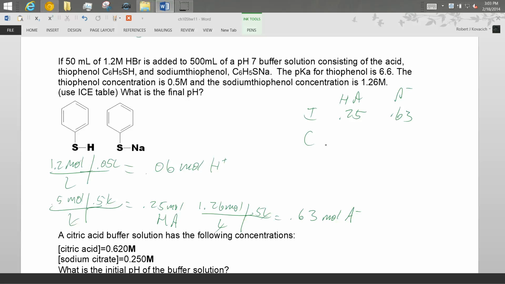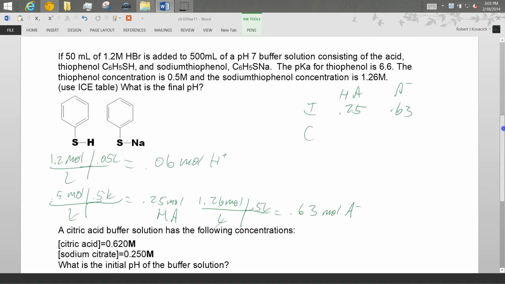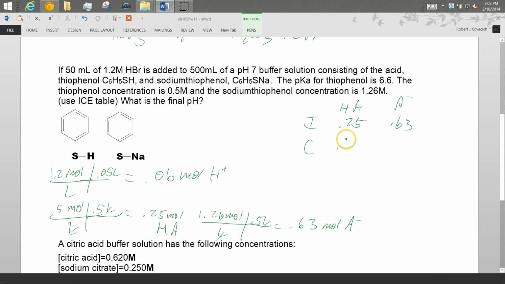The anion. Well, one way to think about it is it's anion and cation. Okay, so they'll react. The other way is we added an acid, right? So is the acid part of the buffer going to react with it? No, the base part. So then I'm going to actually end up making 0.06 more acid and losing 0.06 of my base. And so then at equilibrium, I'm going to end up with 0.31 and 0.57.